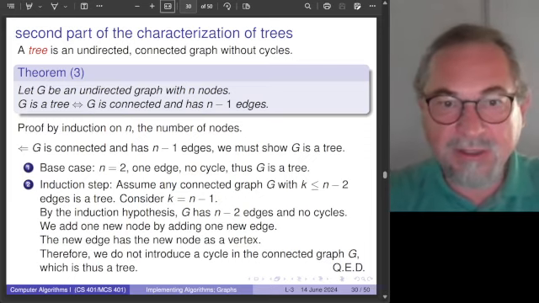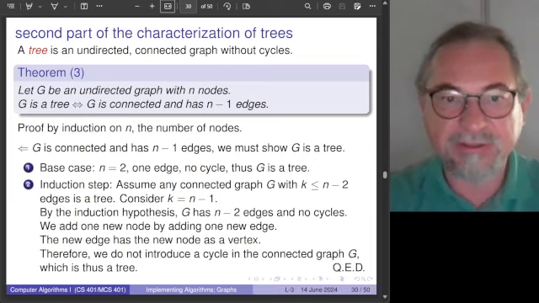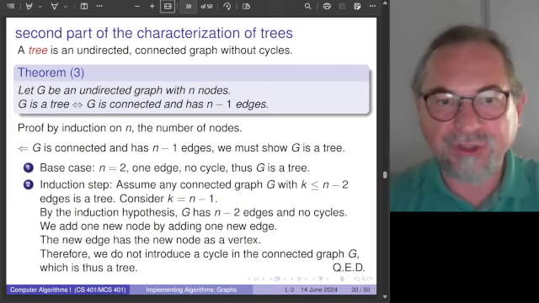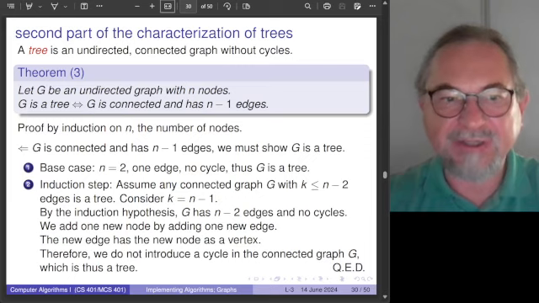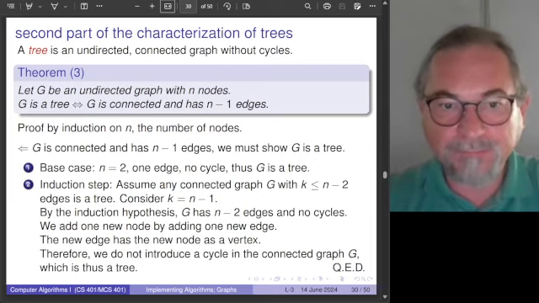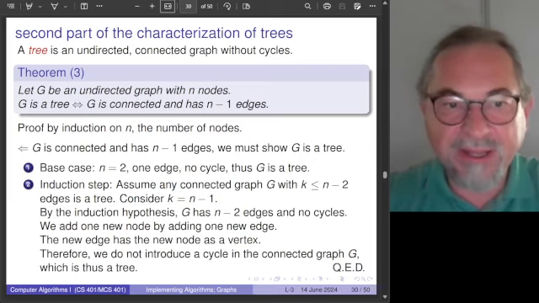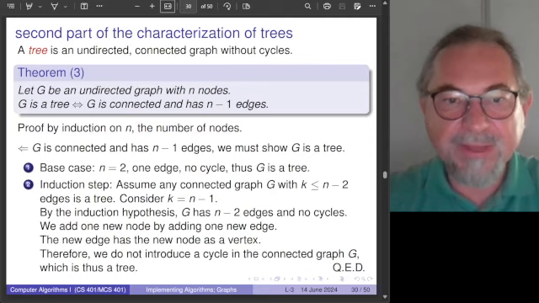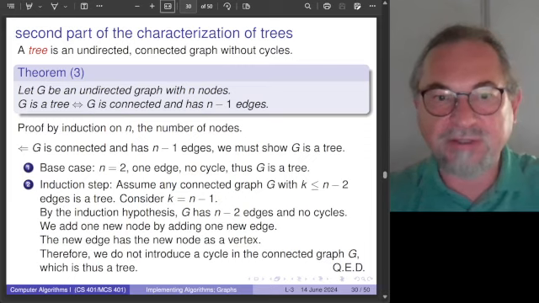We have just proven the base case and all cases larger than that up to n minus 2 edges. So we know that any connected graph with n minus 2 edges or fewer is a tree. Now we consider a graph with n minus 1 edges, and by induction hypothesis, the graph for which we have proven it has no cycles.